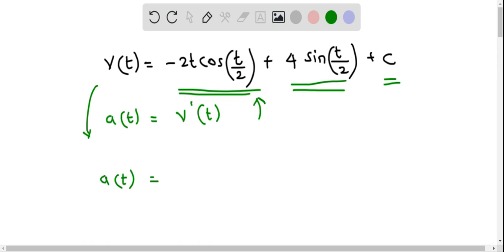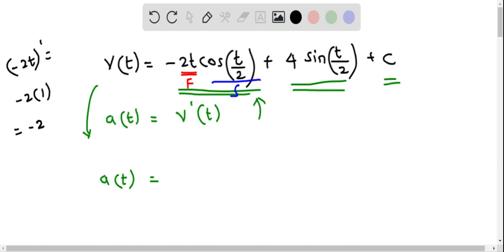Here we have to apply the product rule. When we apply the product rule, we have to consider two terms. Let's say negative 2t is the first term, and cos of t by 2 we can consider as the second term. According to the product rule, we first find the derivative of the first function, that is the derivative of negative 2t, which equals negative 2 times the derivative of t, which is 1.